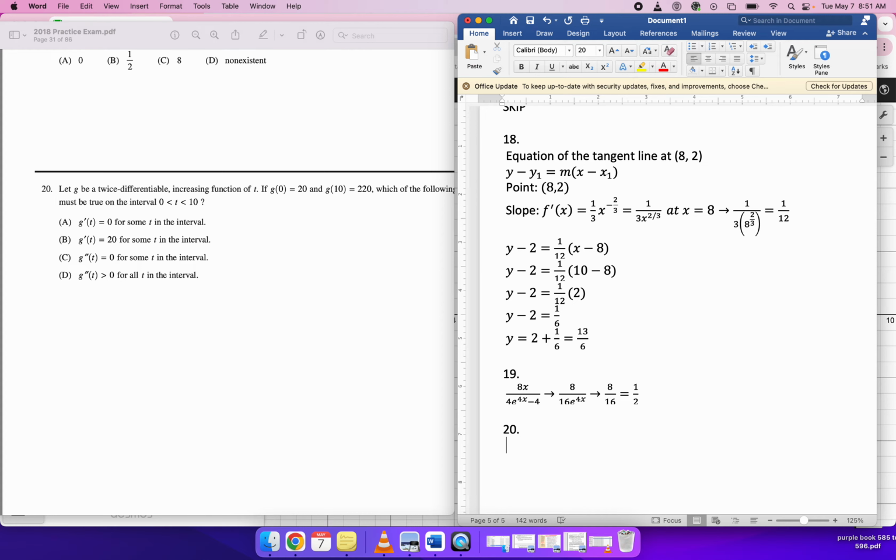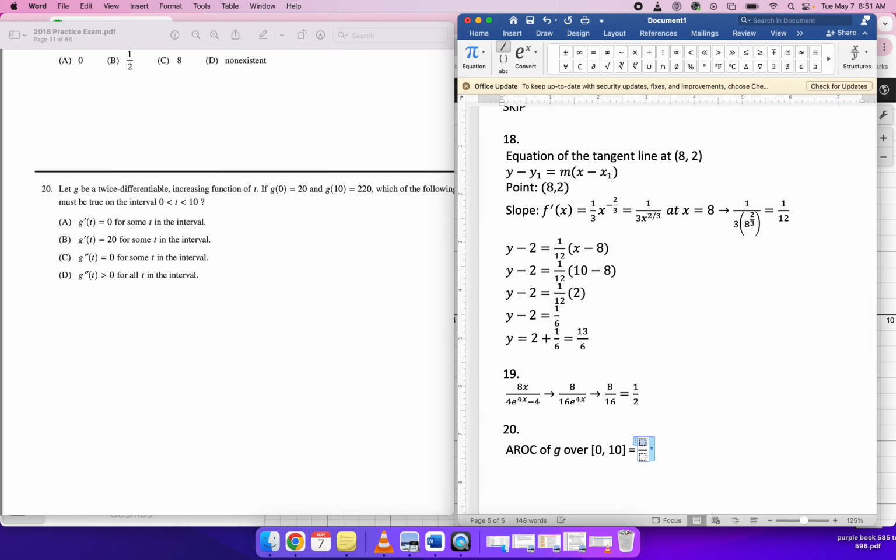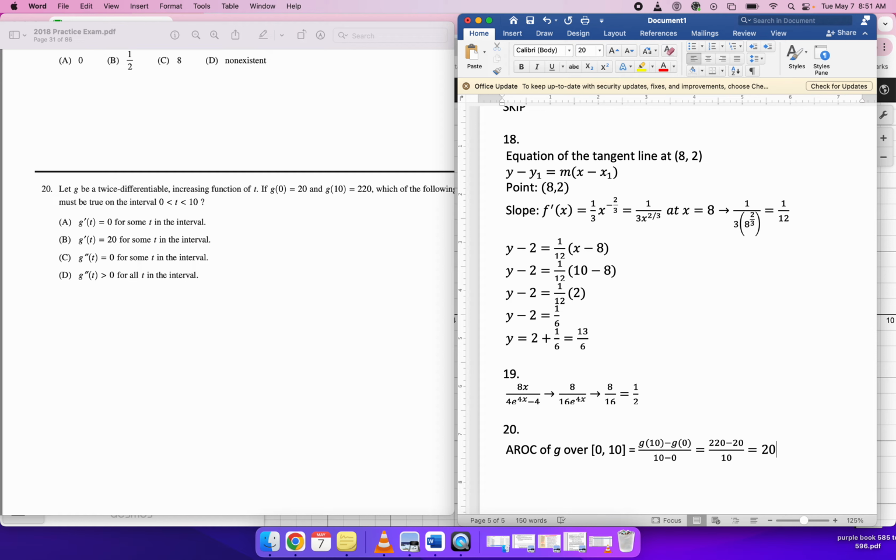So what I know is that the average rate of change of g over the interval 0 to 10 is g of 10 minus g of 0 over 10 minus 0, which is 220 minus 20, so that's 200 over 10, so that's 20. So the average rate of change is 20. Okay, cool.